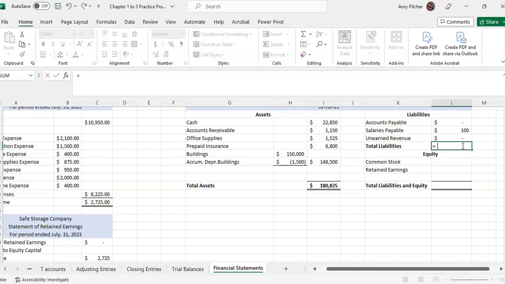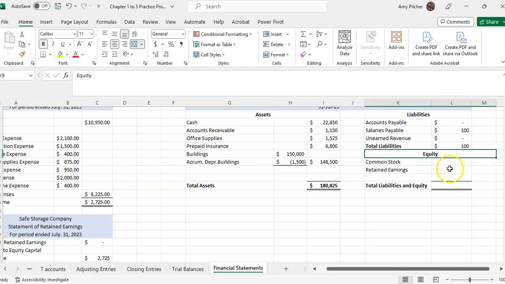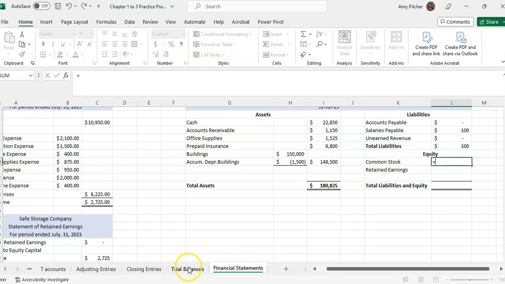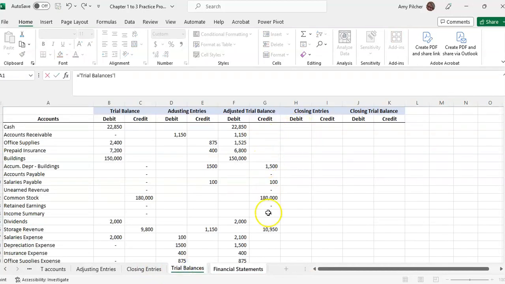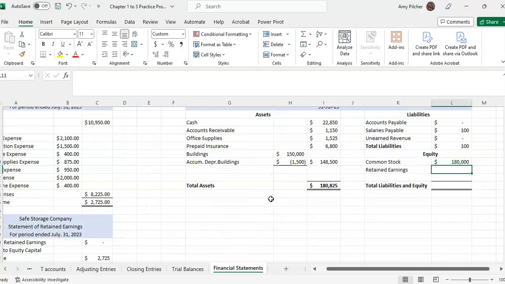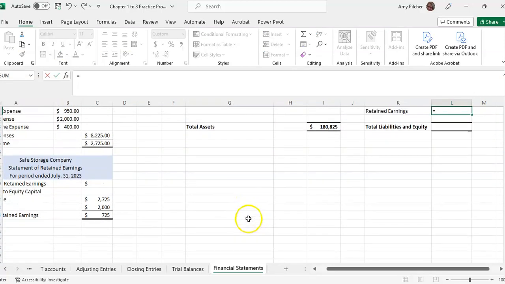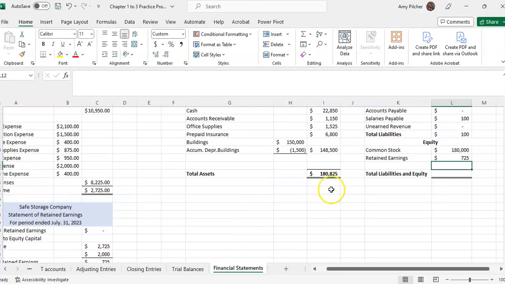So we have a total of $100 in liabilities. And then we have our equity of 180,000 and the retained earnings that we calculated on our statement of retained earnings.